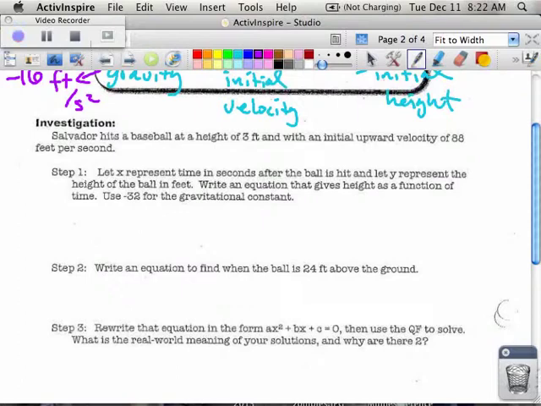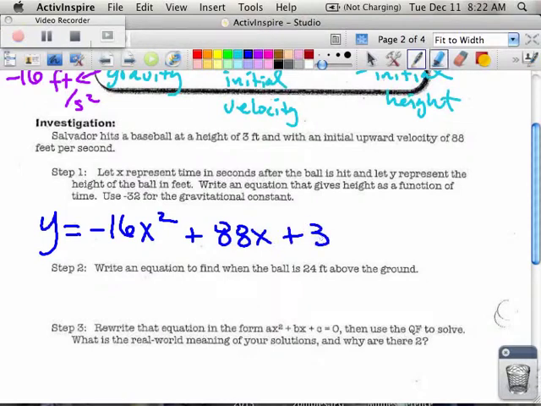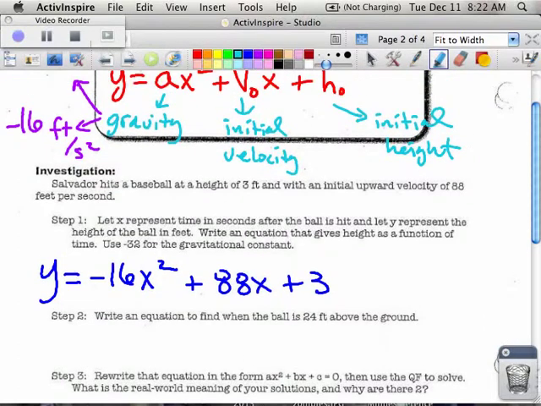When we write down this equation, the equation is going to be y equals negative 16 x squared plus 88x plus 3. And if you're looking for where all those numbers came from, originally we talked about how this negative 16 is gravity, and since we're dealing with feet, that means I use this number back up here from our notes.